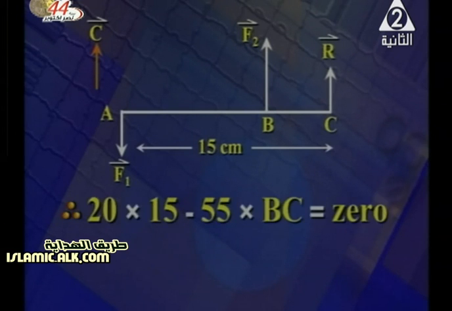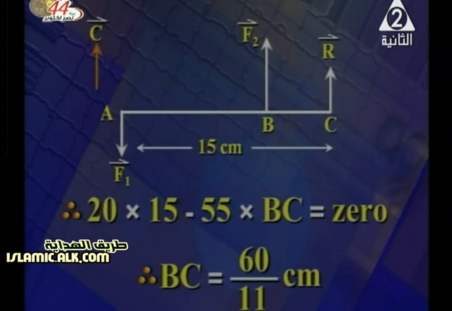After that, we use the theorem of moment: 20 times 15, where 20 is the magnitude of F1 times the distance 15, minus 55 times BC equals 0. To find BC, BC equals 60 over 11.